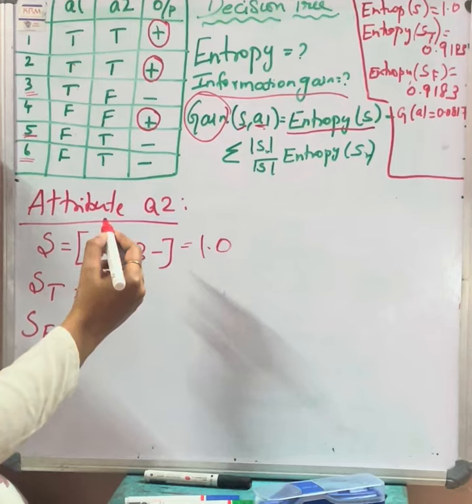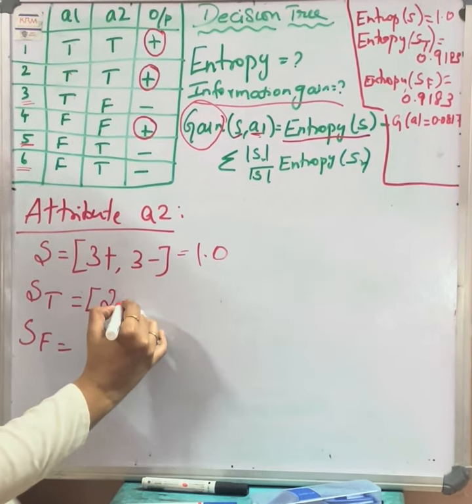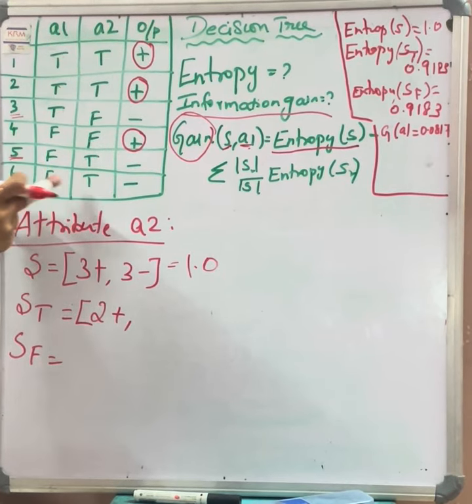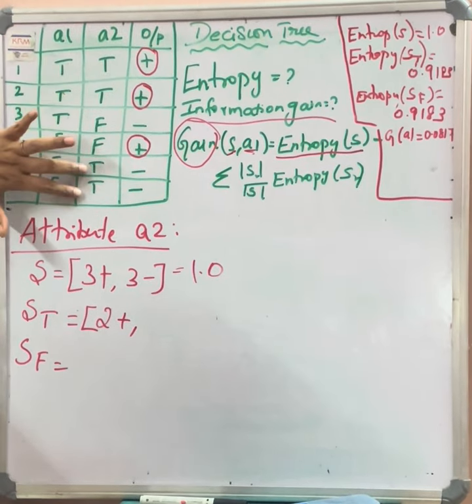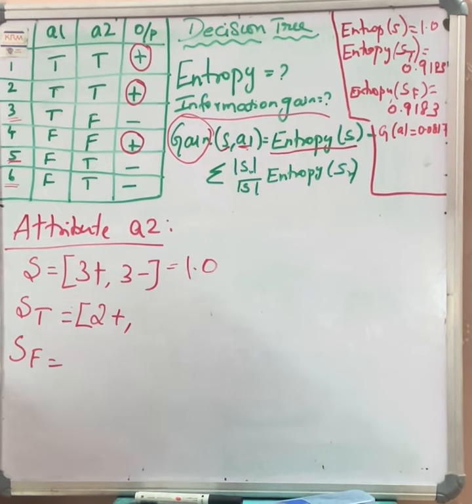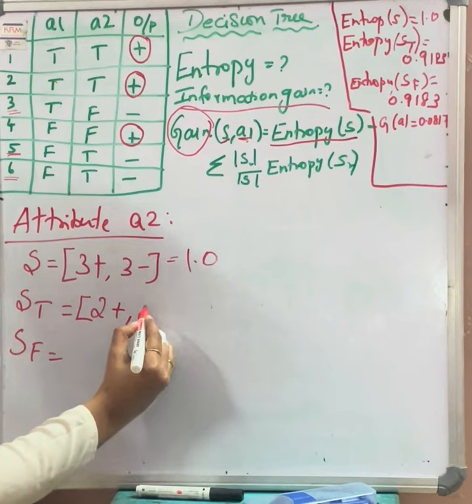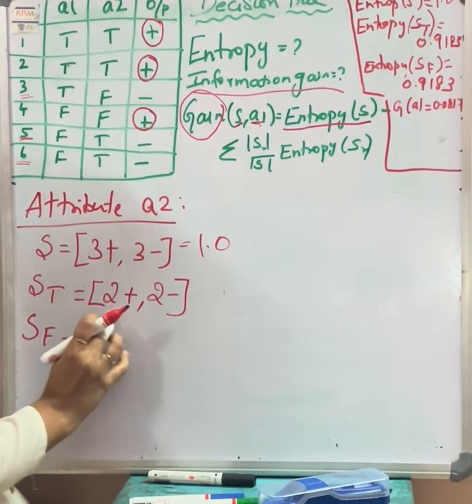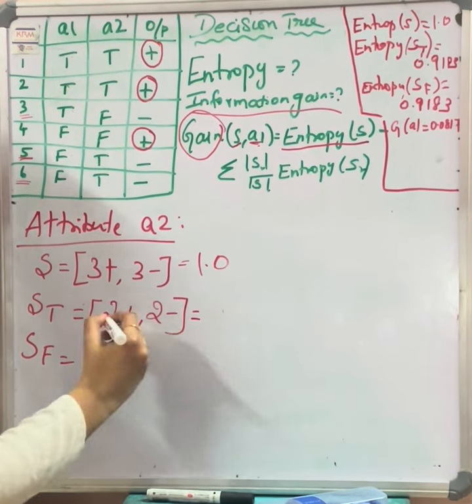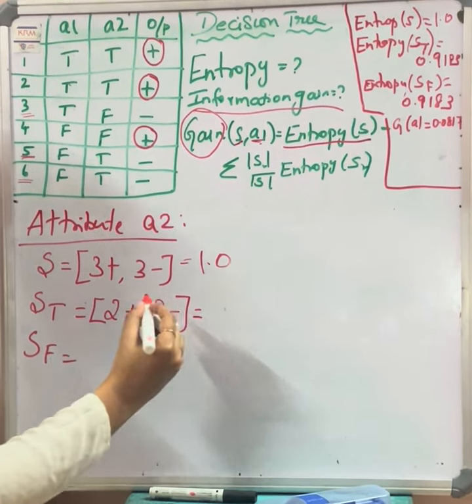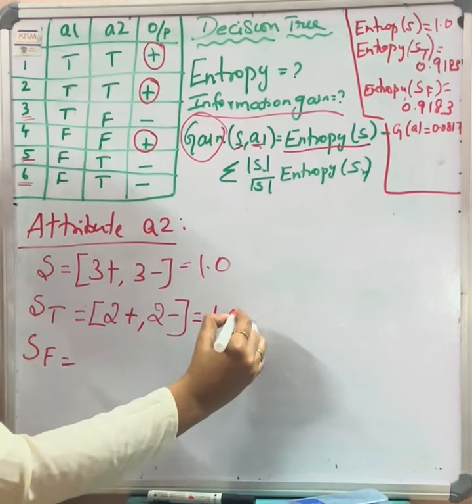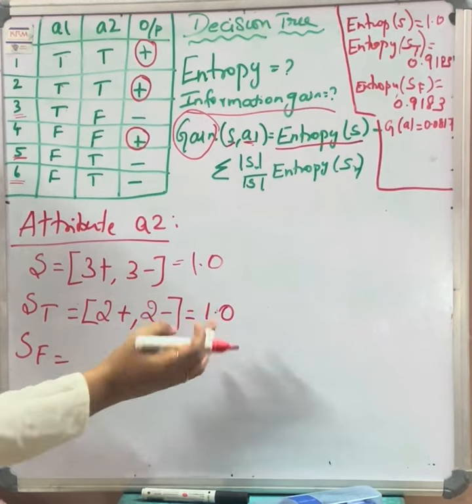So I have 4 true values, among which 2 are positively contributing and 2 are negatively contributing. So I am writing 2 positive and 2 negative values with respect to the true values in A2. Now you have to find the entropy of this. With 2 and 2, they are equally contributing, so without applying the formula you can write it as 1.0.